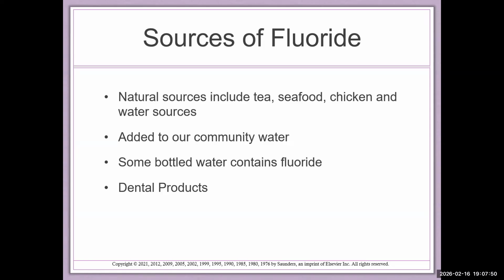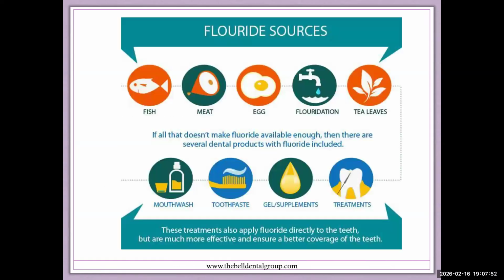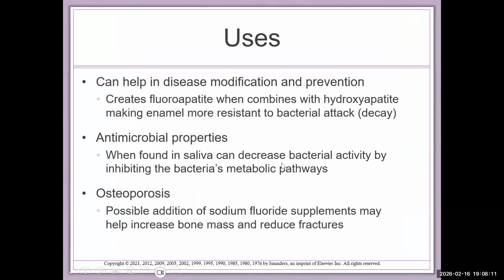And then, of course, some dental products have fluoride in them. So just a little bit of the naturally occurring ones. You can see at the top here, this is your naturally occurring fluoride. You see there's in eggs, meat, fish, fluoridation of the water, tea leaves. But then on the bottom, they're included in actual dental products: mouthwash, gel, supplements, treatment, etc.